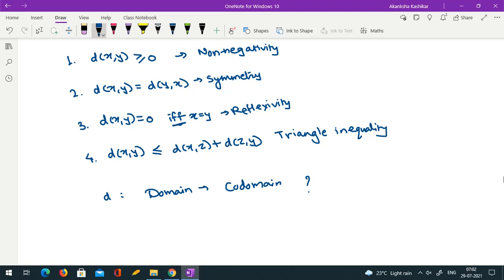The domain would depend on the space that we are working in. If it is a univariate case, then it would be simply R, and codomain would be R itself. Your domain would be just R or something else.